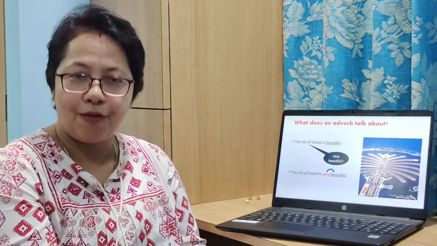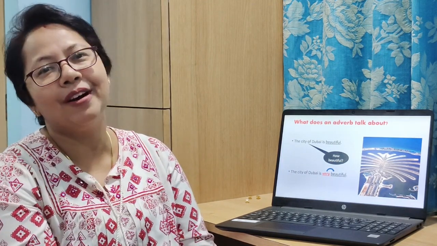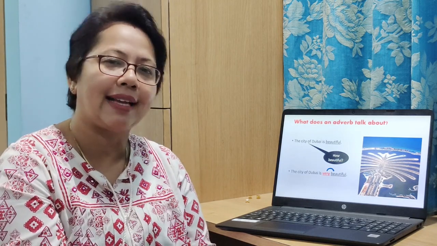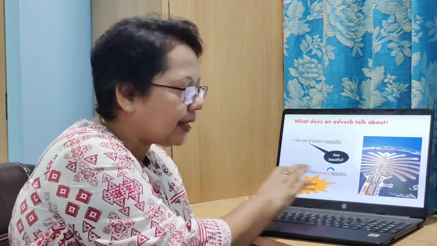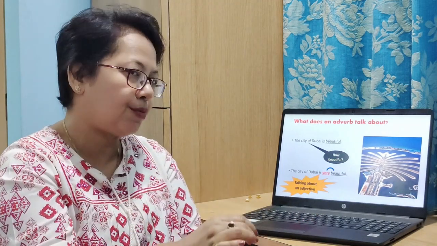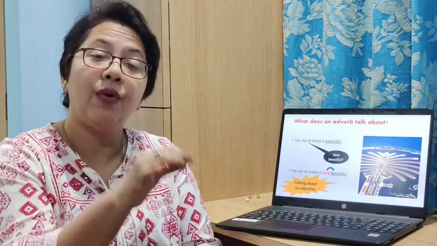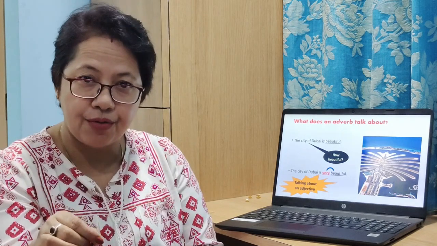And one more way, if you remember from the last lesson, to recognize an adjective is whether it has an opposite word. Of course, beautiful, opposite word, ugly. Any word that has an opposite word is an adjective. Now, if you look at this entire sentence, the city of Dubai is very beautiful. The word very is talking about beautiful.